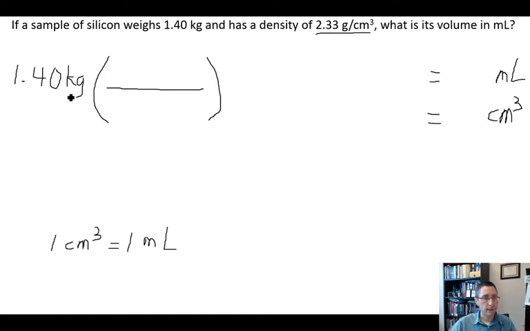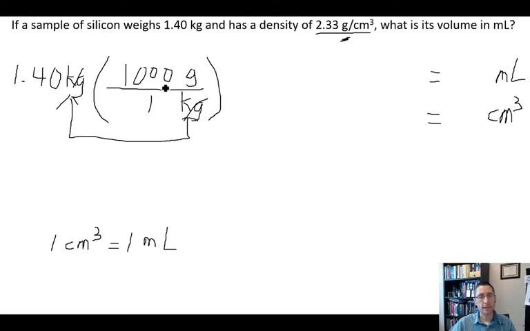Okay, but what do I always say? This unit that I start with is probably going to have to appear here. So I should start by trying to cancel this kilograms, right? I don't want to start with the density right away because the density is not given in kilograms, it's given in grams. So let's get rid of this kilograms and get this in grams first. And we'll remember that there's 1,000 grams in 1 kilogram.